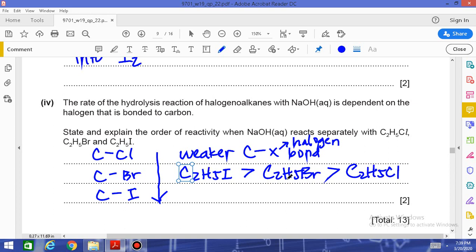Once again, iodoethane is the most reactive because it has the weakest bond between carbon and halogen, so least energy is required to break the bond. Okay, so the most reactive compound is iodoethane, while the least reactive compound is chloroethane.